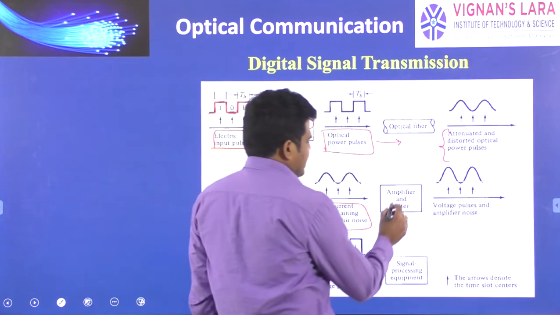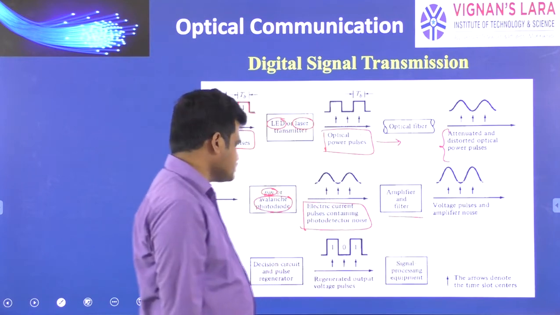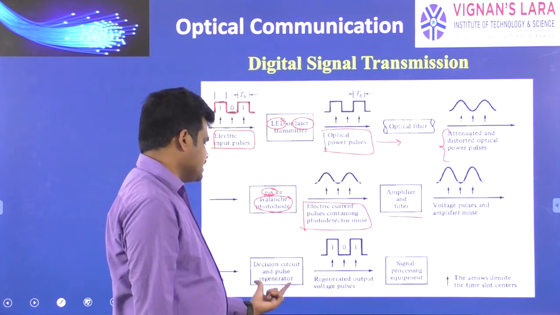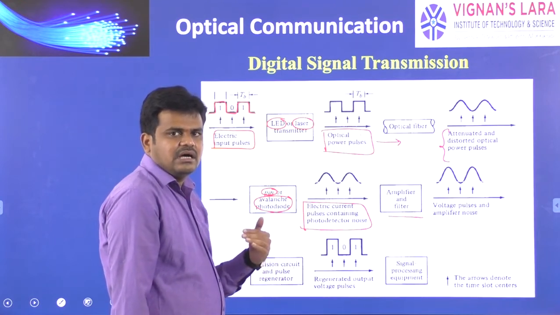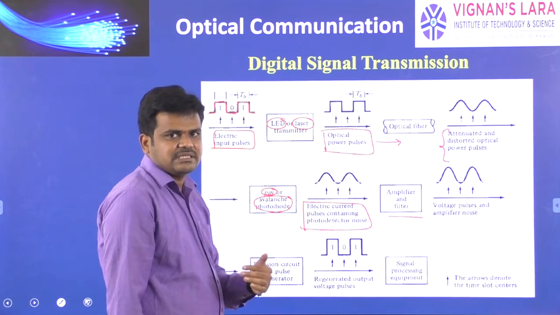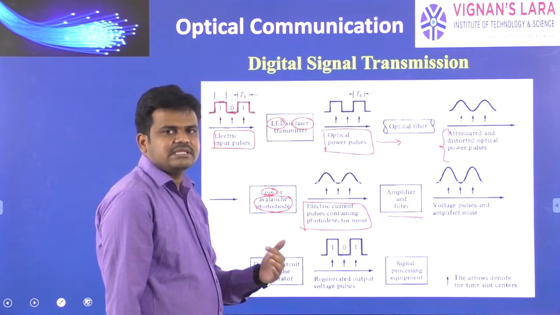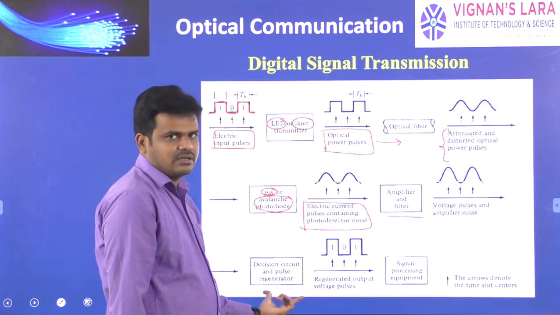Here the amplifier and the filters are used to remove the noise, and a decision circuit is provided after the amplifier and filter block to determine whether the received, amplified version of the information signal is above the threshold value or not.